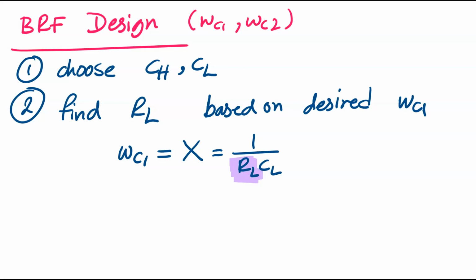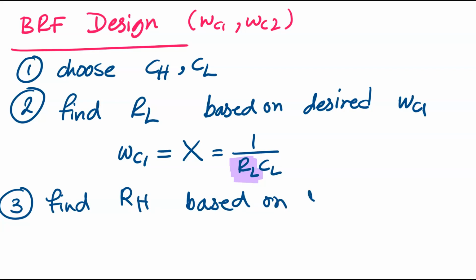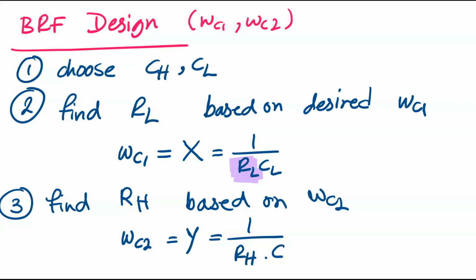So the only parameter that I don't know here is RL, so I can find it. The next step is finding RH based on omega C2. This time omega C2 should be equal to y, the cutoff frequency of my high pass filter, which is 1 over RH multiplied by CH.